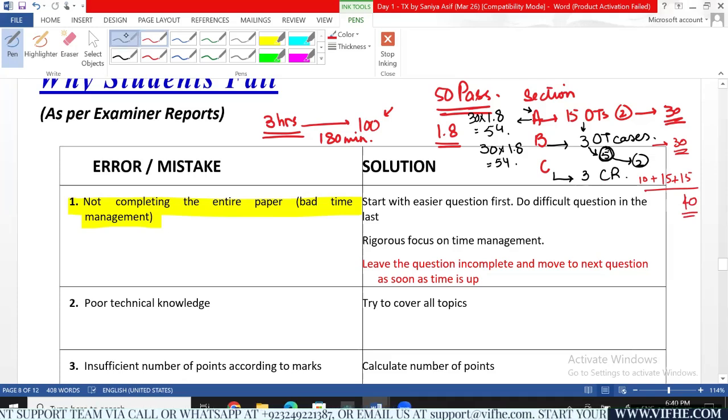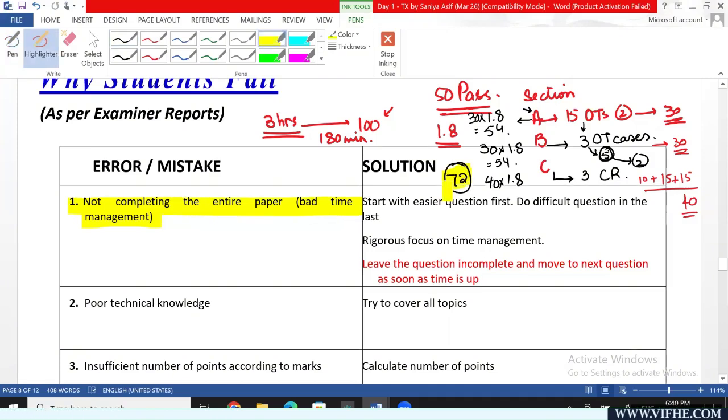And to deal with 40 marks, one again has the 1.8 minute standard. That is how many minutes one should use to complete section C. That would be 72 minutes, right? So 72 minutes are allowed to deal with section C.